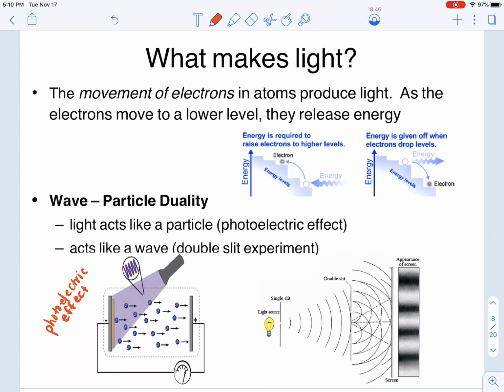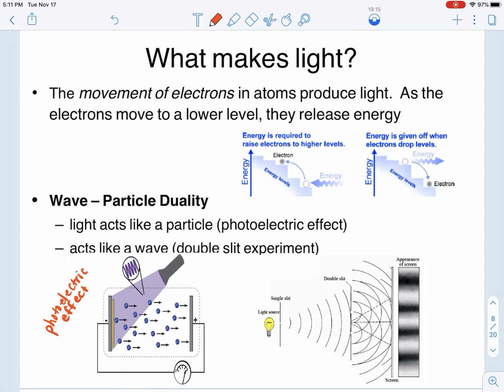And this was an experiment that basically gave us evidence to show that light has the ability to behave like a particle. So this is where we saw that those electrons were ejected, and we were able to see that light does indeed have particles, and it can be manipulated like other particles that we already knew existed.